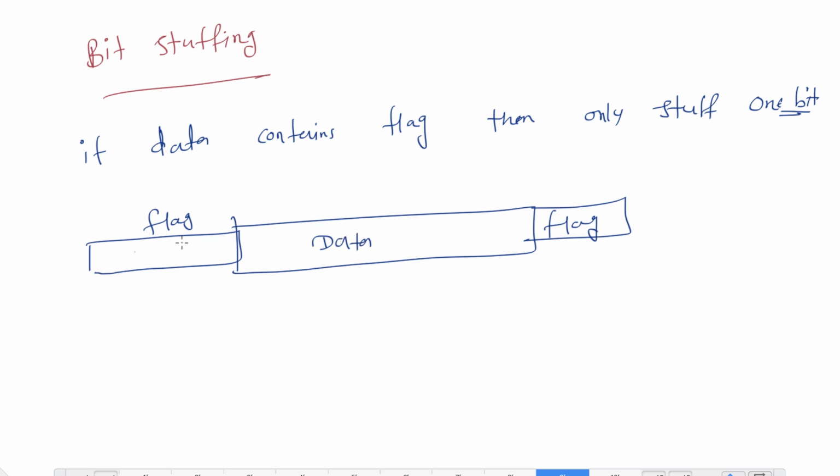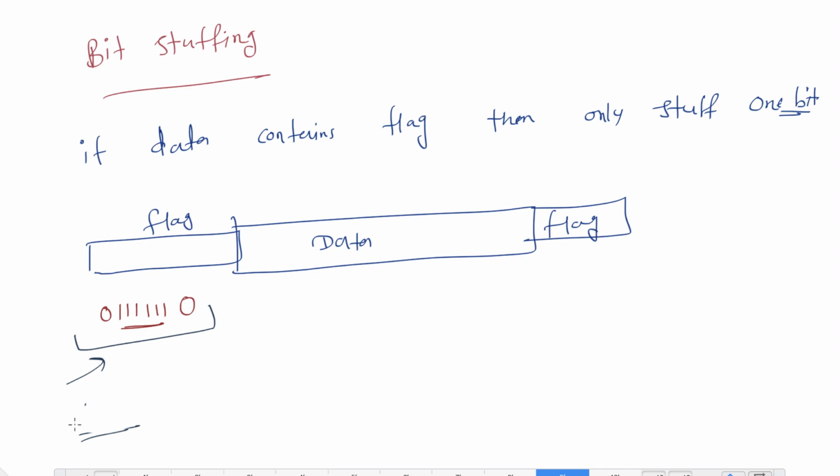Now in the bit stuffing case we take the flag as 0 and then 6 ones, 1 2 3 4 5 6, and then 0. This is the flag almost all the protocols use. One example is HDLC, one of the protocols at the data link layer which uses bit stuffing.